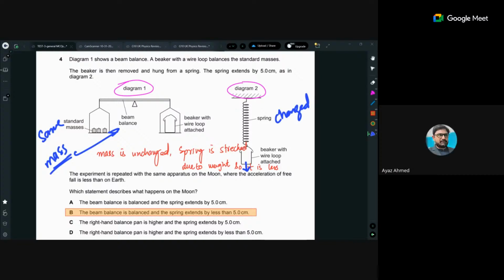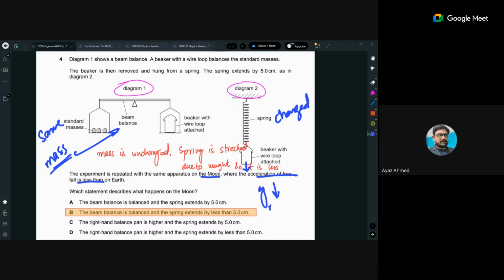Yes. It is said that a beaker attached with the wire loop is weighed in diagram number 1 and in diagram number 2 on Earth and Moon, maybe. At the Moon, the acceleration of free fall is less than that of the Earth, that is, gravitational pull is less.